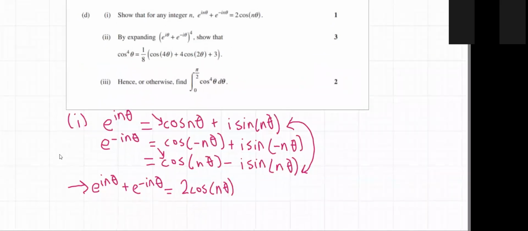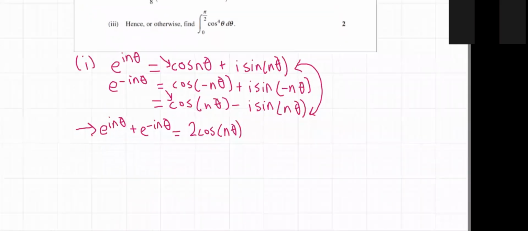Now part II, by expanding e to the i theta plus e to the negative i theta to the power 4, we are trying to prove an identity involving cosine to the power 4 of theta.